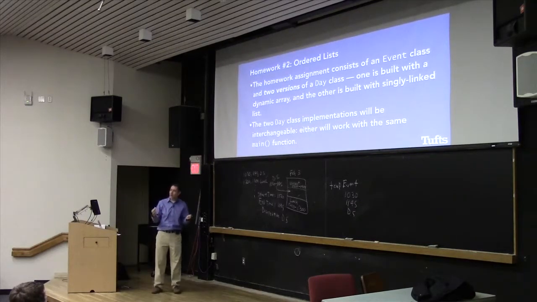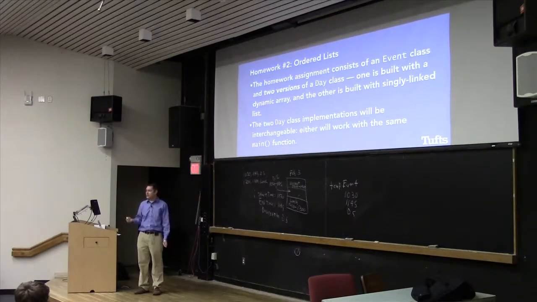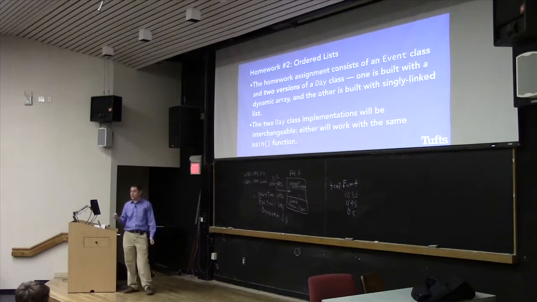Okay, how do we go about doing that? Well, it all has to do with when you compile the program, which one of the day classes you actually pass into the compiler. It will gladly use either one and link up to your main.cpp file.